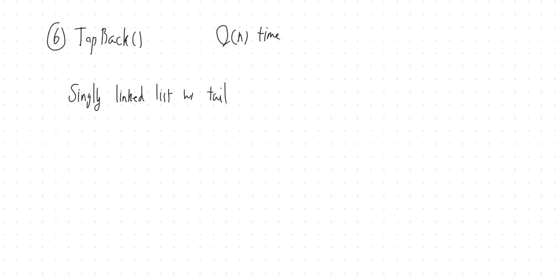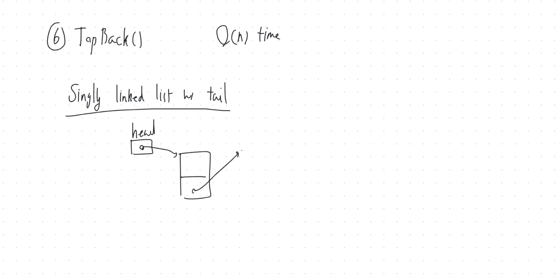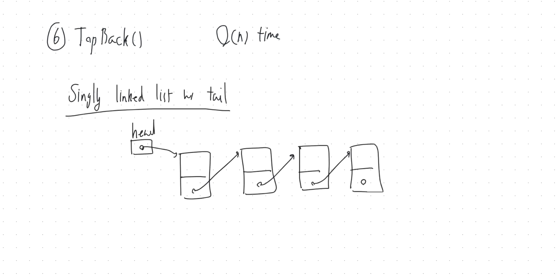Okay, so the idea is that you have this head pointer that points to the first node, and the first node points to the second node, and so on. 2, 1, 7, 5. And then you have another special pointer called tail, that always points to the last node of the linked list.